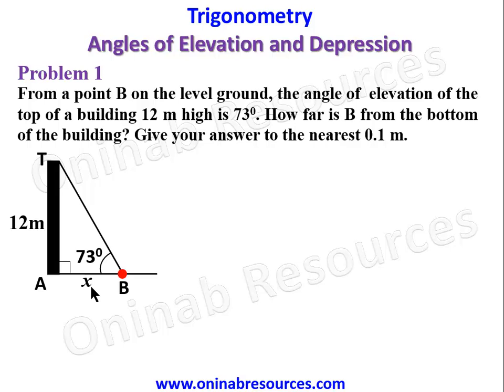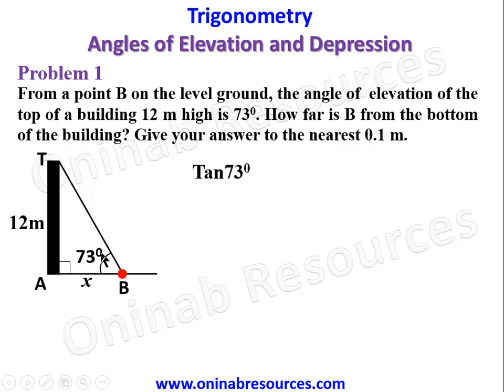SOH, that is sine of an angle, is opposite over hypotenuse, while CAH, cosine of an angle, is equal to adjacent over hypotenuse, and TOA is tangent of an angle, which is opposite over adjacent. So in this case we have to examine the ratio that connects opposite and adjacent. Opposite, adjacent, that is tangent.